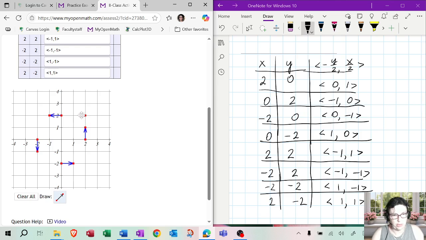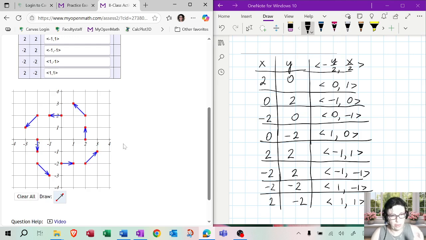And then we go negative 1 to the left, and 1 up. Negative 2, 2. If we start over here, we go 1 to the left, 1 down. Then we got negative 2, negative 2. That's 1 to the right and 1 down. And finally 2, negative 2. So right here is 1 to the right, 1 up.